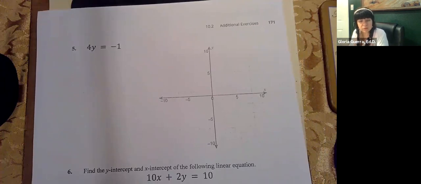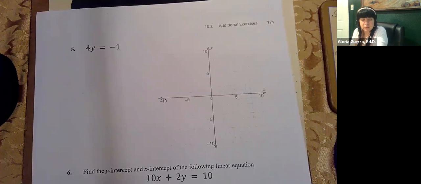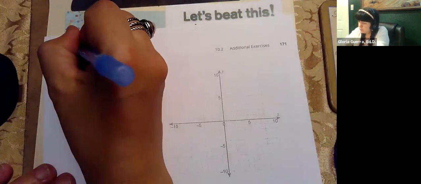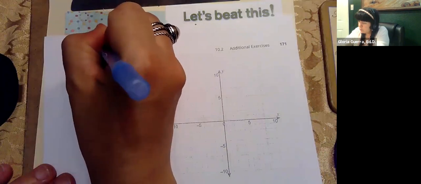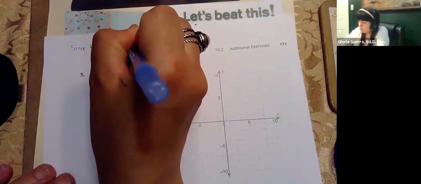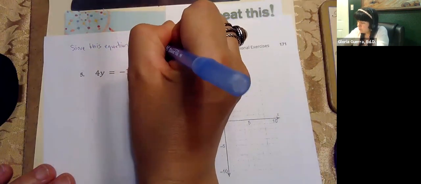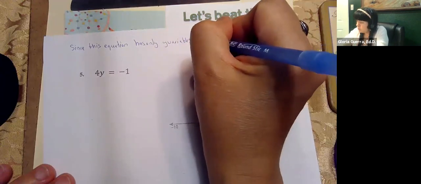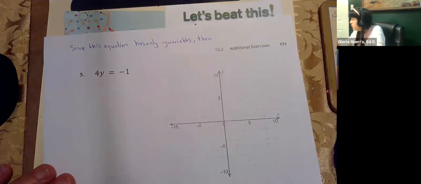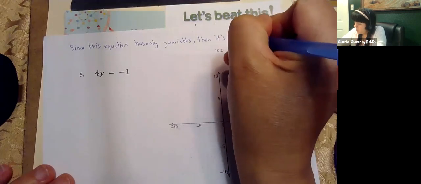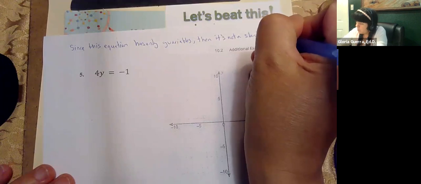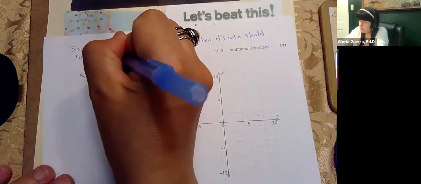See, 4y equals -1. So since this equation has only y variables, then it's not a slanted line, but a horizontal line.